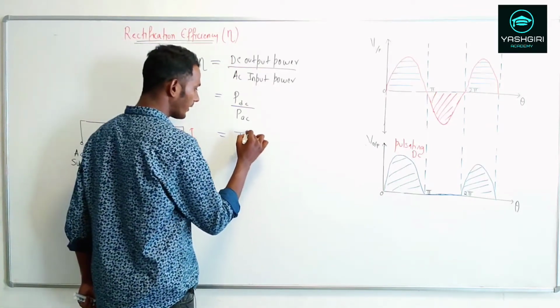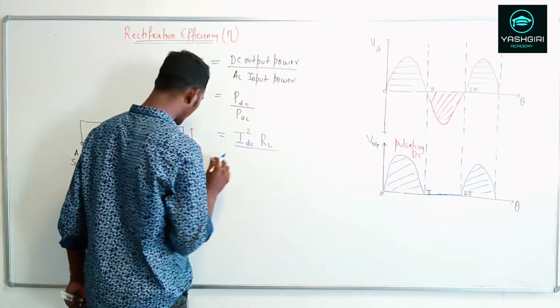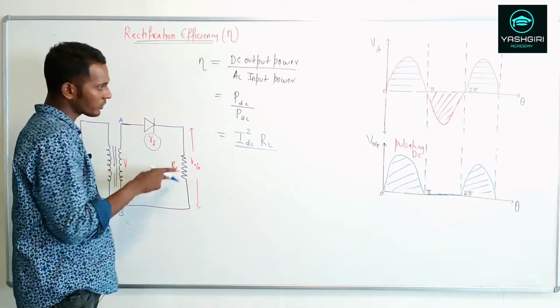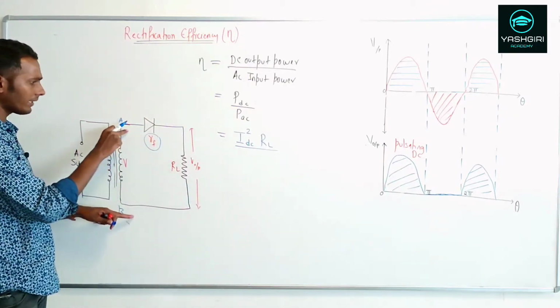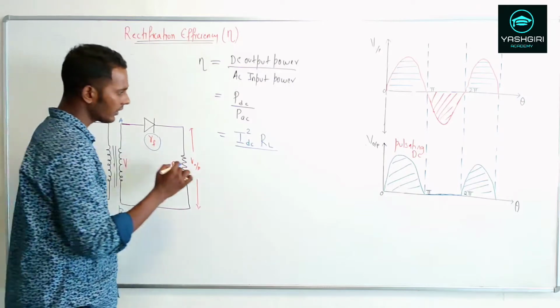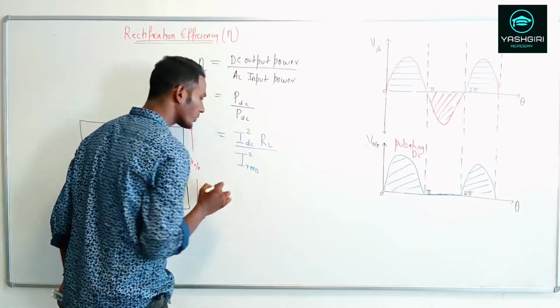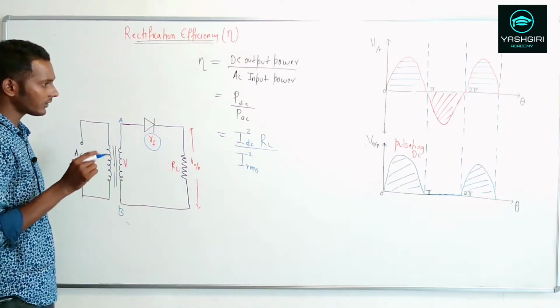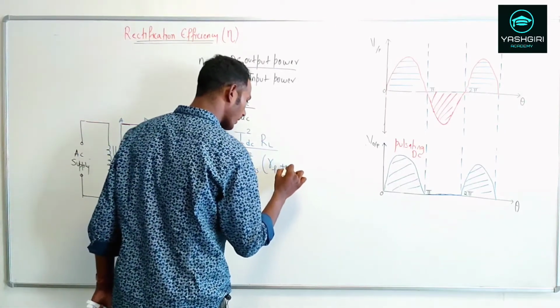So I can write it as I square DC into the load resistance RL, that is the resistance at the output side, divided by power at the AC. It's available at the secondary winding, so it's in terms of RMS value, so I square RMS into the resistance, which will be RF plus RL.